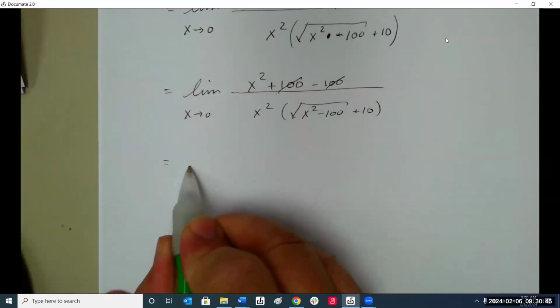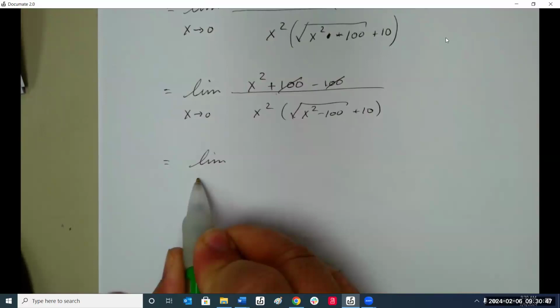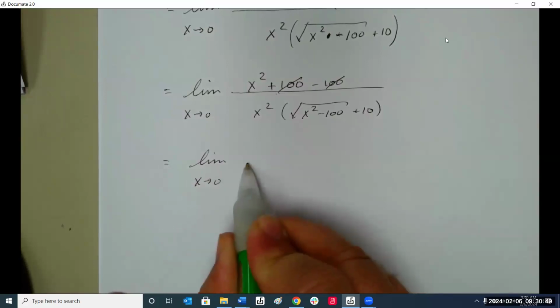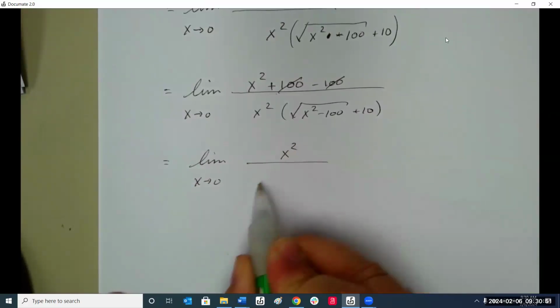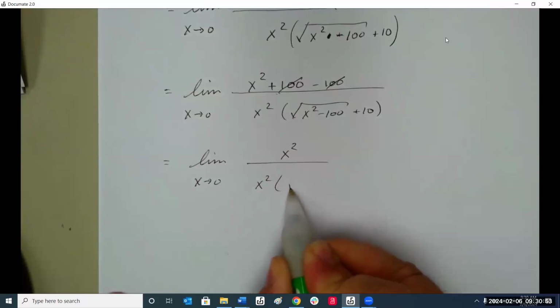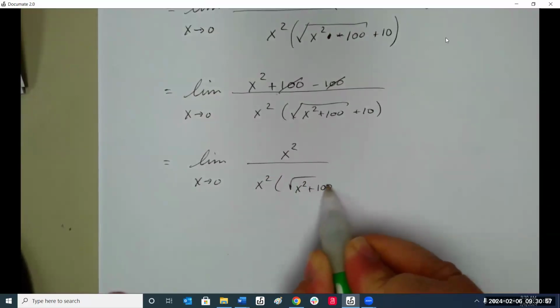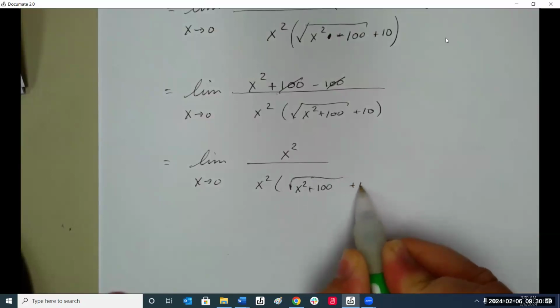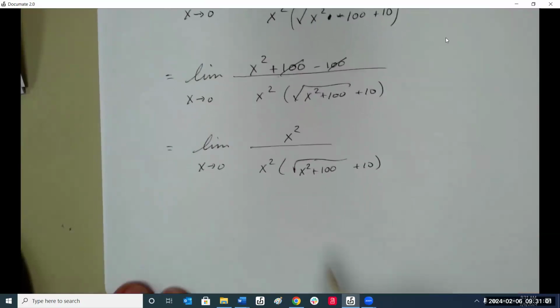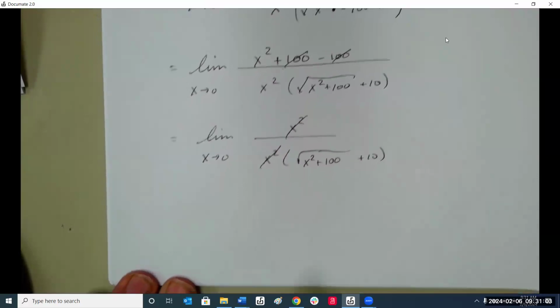So all we have left is, as x goes to 0, x squared over x squared times the square root of x squared plus 100 plus 10. The x squares cancel.